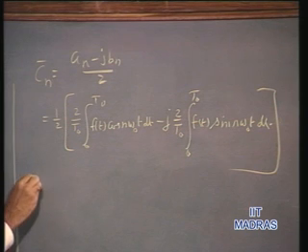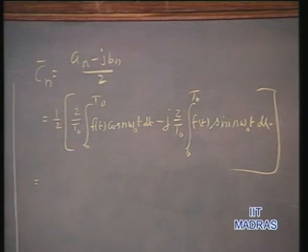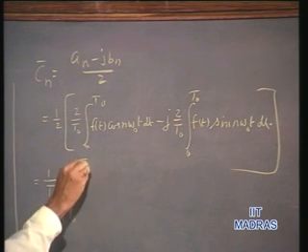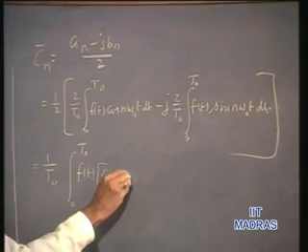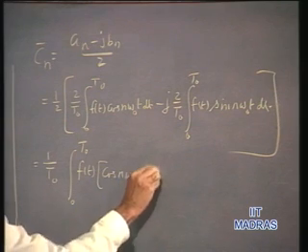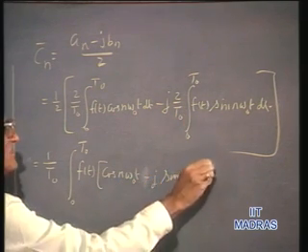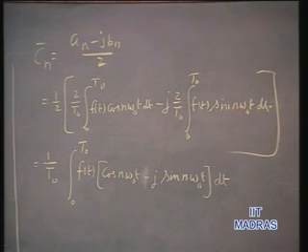Now these two integrals can be combined. First of all, I can take a 2 by T naught term outside, so 1 upon T naught, 0 to T naught, f of t cos n omega naught t minus j sin n omega naught t, and this we know is e to the power of minus j n omega naught t.